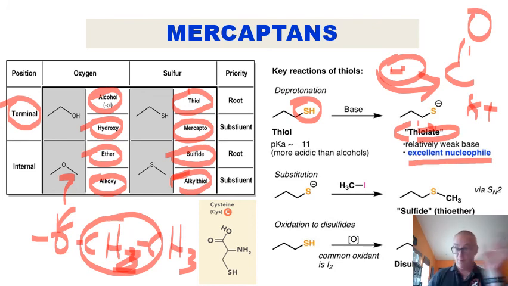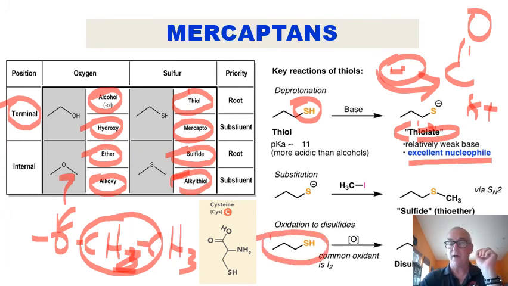One of the most important biologically is when it's oxidized. So if I have two different thiol groups, each of them will lose the hydrogen and form a disulfide bond. And this happens a lot in biology. There's a lot of proteins that are kept together by these disulfide bonds.